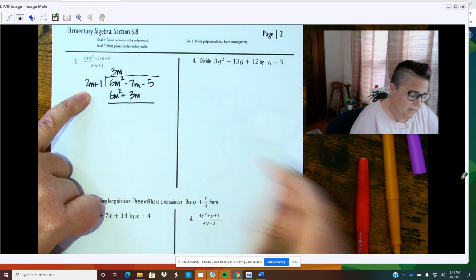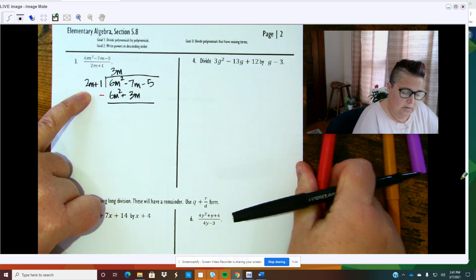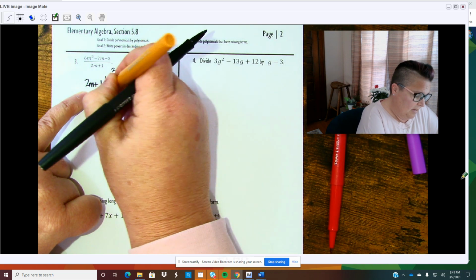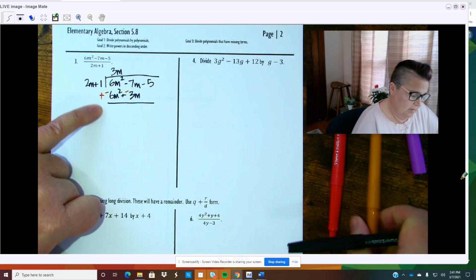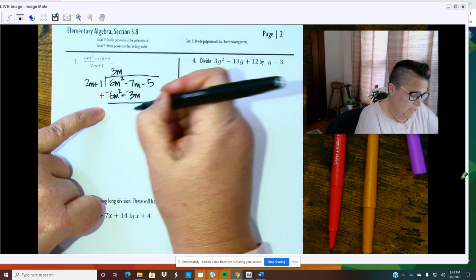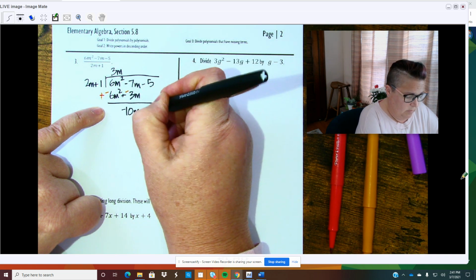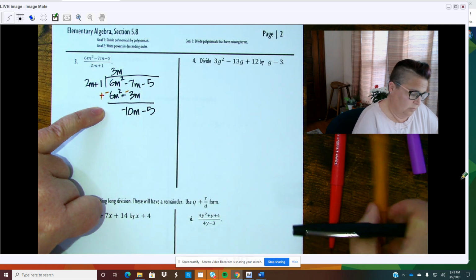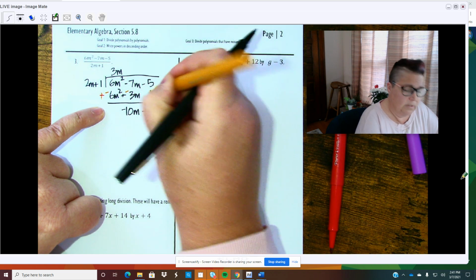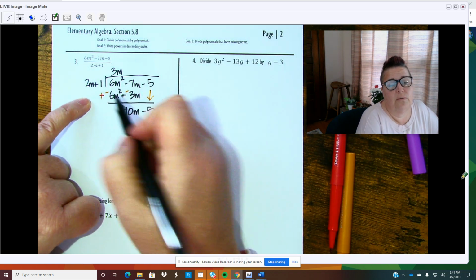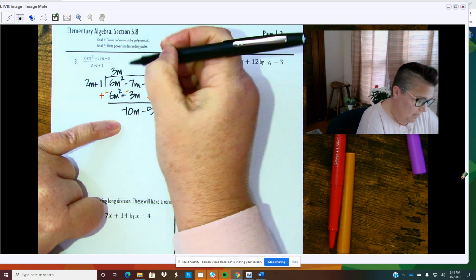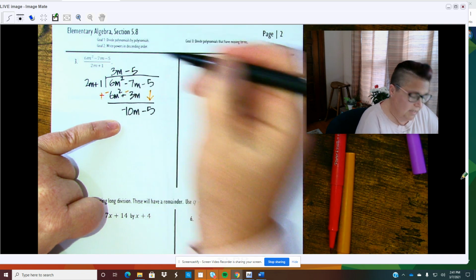I'm going to subtract this, which is the same as adding opposites. Those will cancel, and I'll have a negative 10m minus 5, because remember, we bring that last one down. 2m goes into a negative 10m minus 5 times.